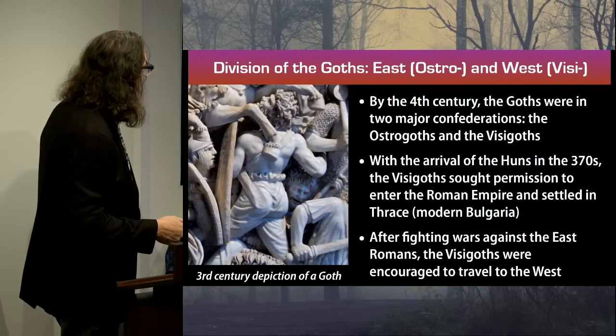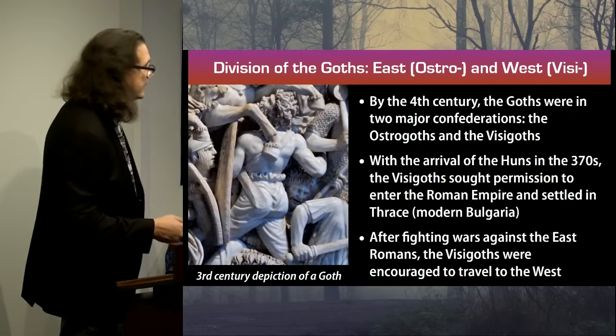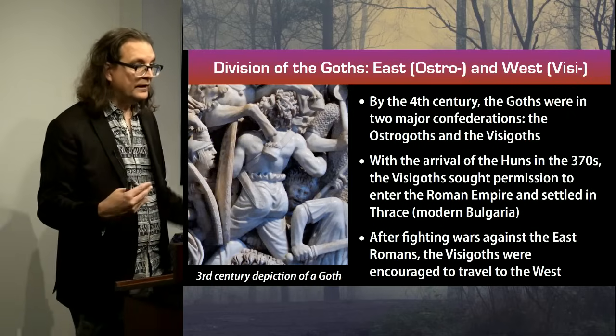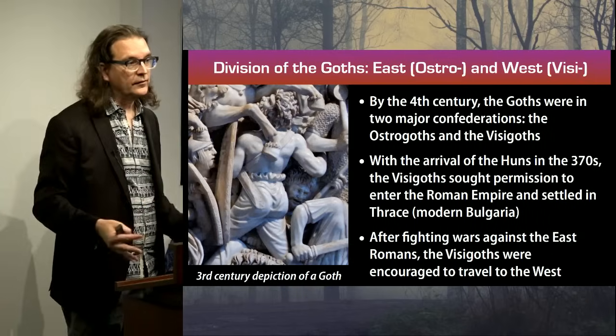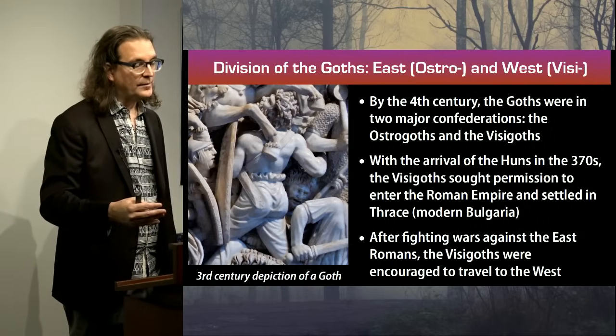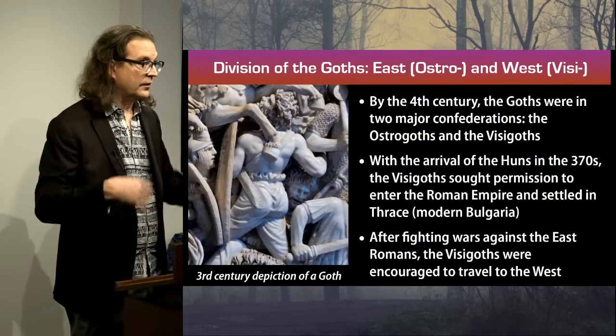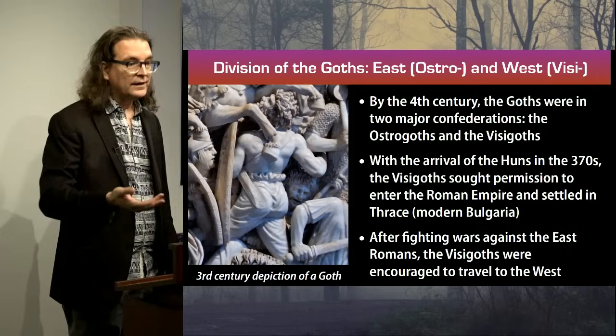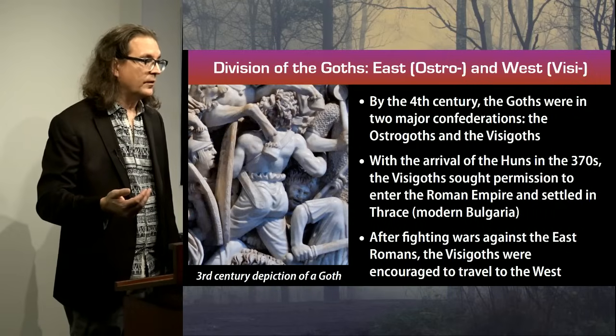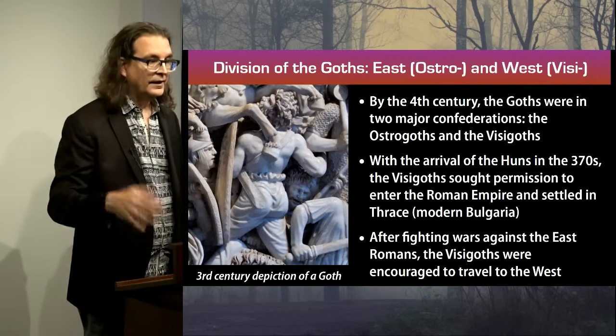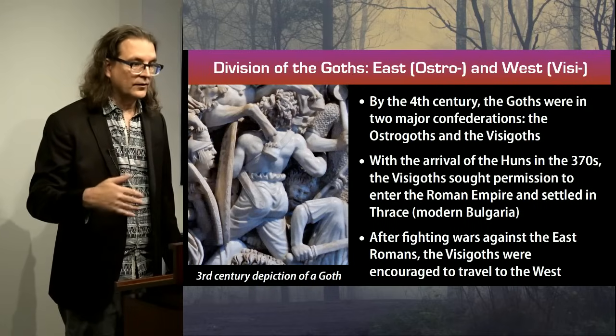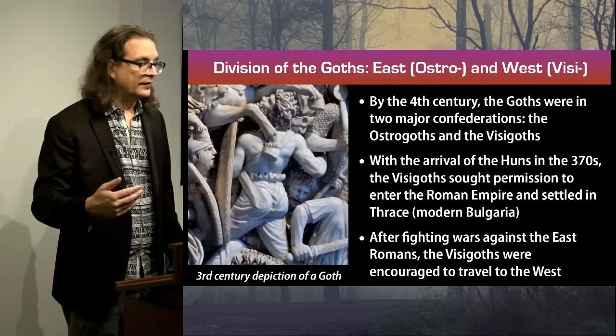And so with that arrival then, the Visigoths, who have been in a lot of contact with the Romans. So we think of these Germanic tribes as being, the Romans called them barbarians and things like that. They are living on the opposite side of the Roman border and have been trading with the Romans and kind of getting Roman goods and services and things like that for, let's say, 300 years.